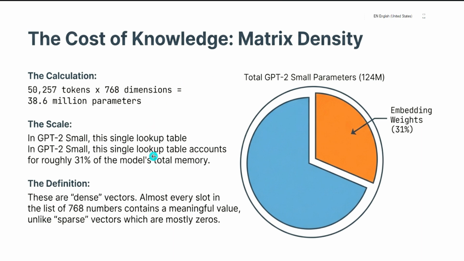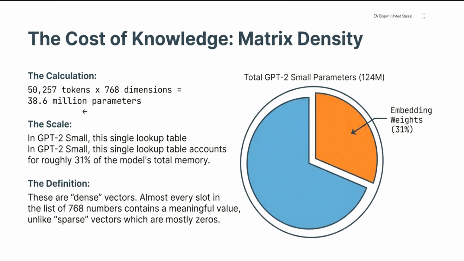The reason we are talking so much about this is because for the GPT-2 model, or for any LLM mostly, the embedding weights are about 31% of the total learning that the model has done. So these are 31% of the total weights of your GPT models. For 50,257 tokens multiplied by 768 dimensions, we got 38.6 million parameters.